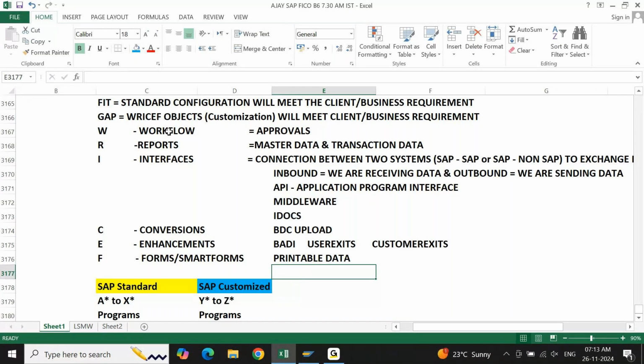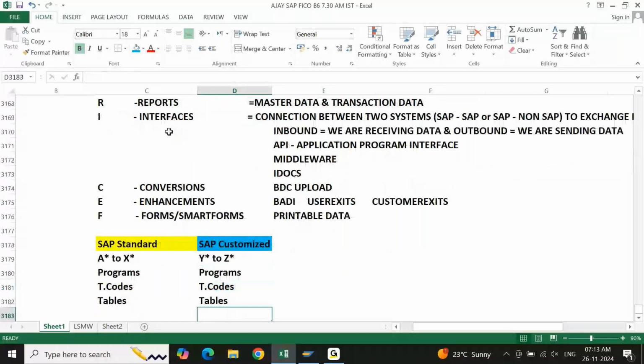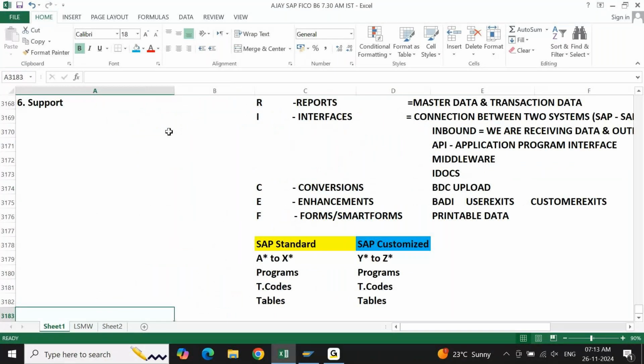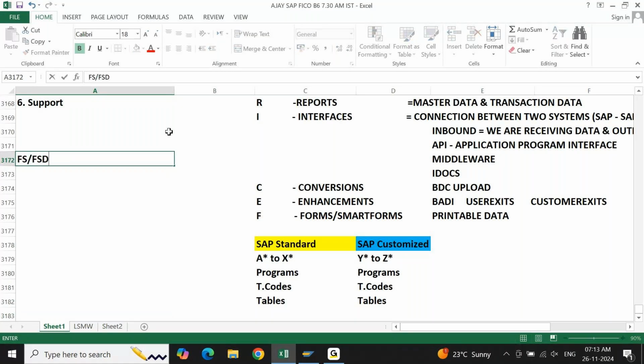Which document needs to be prepared? FSD. Function specific. FSD, right? We also need to understand something called FS or FSD is equal to what? Functional specification.